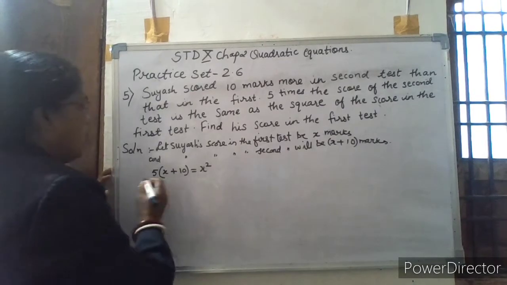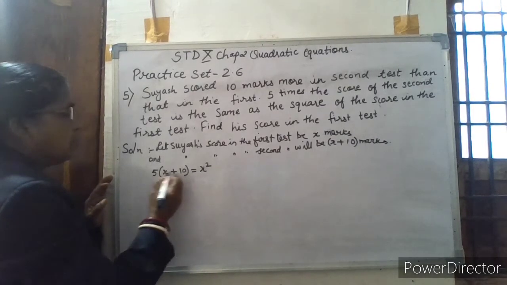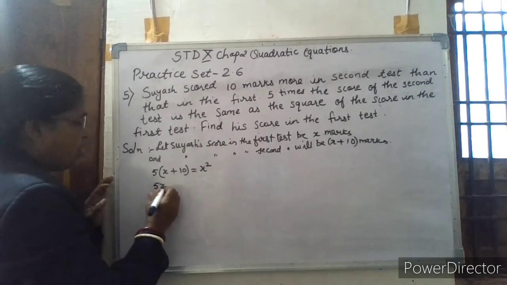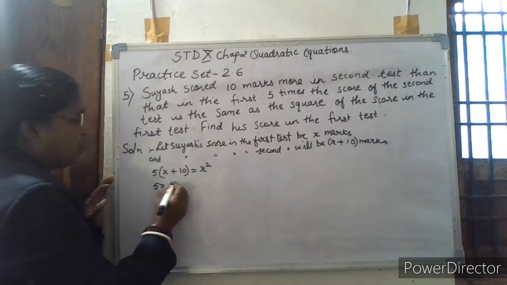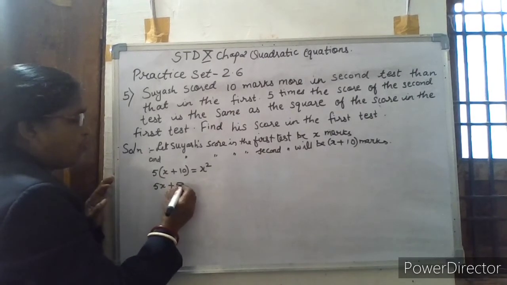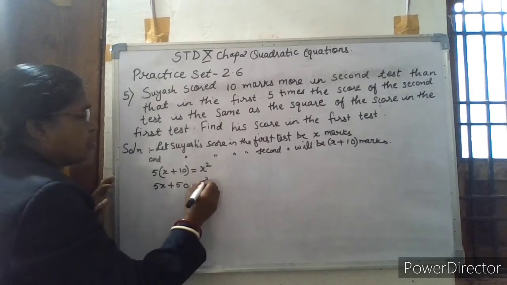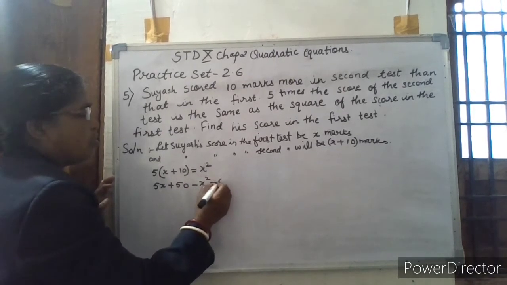Now we'll solve it. Multiply this binomial into monomial: 5x plus 5 tens are 50. Don't forget to multiply this. Minus, we'll bring it here, equal to 0.